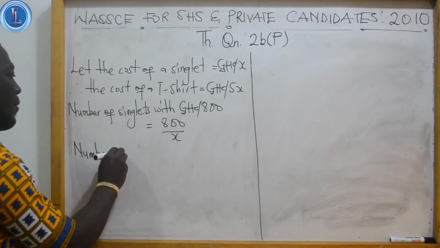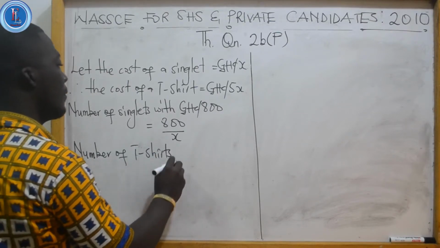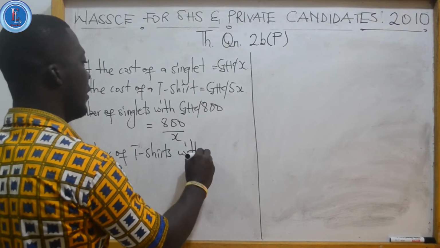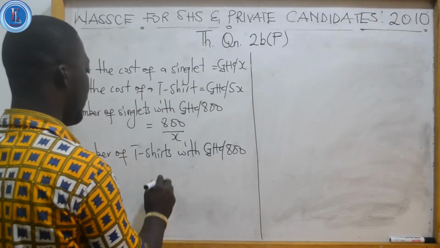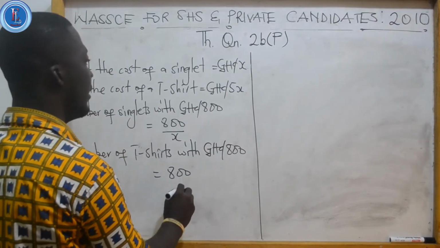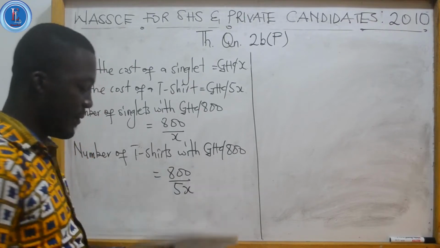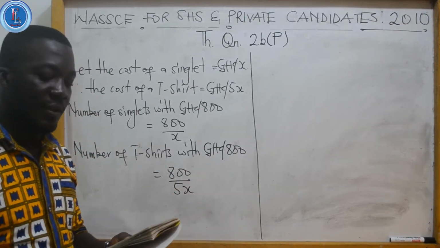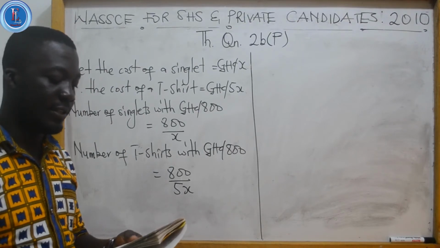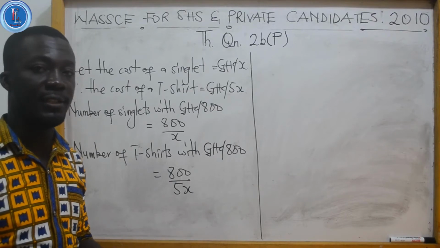Then the number of t-shirts with the same 800 Ghana cedis will be equal to 800 divided by 5x. Then the statement continues. For every 800 Ghana cedis, a trader can buy 32 more singlets than t-shirts.